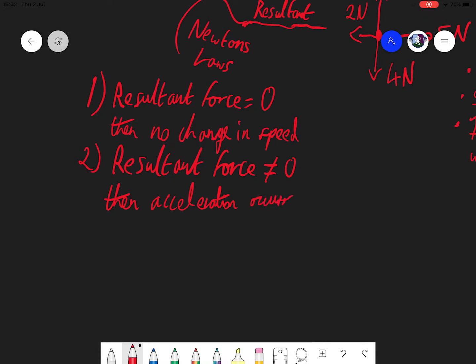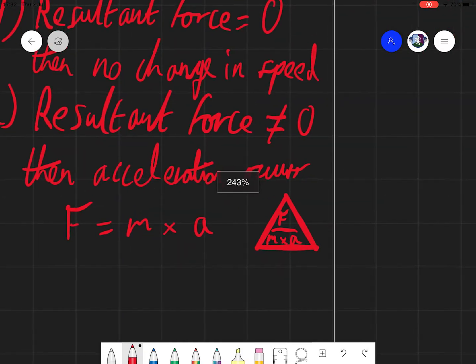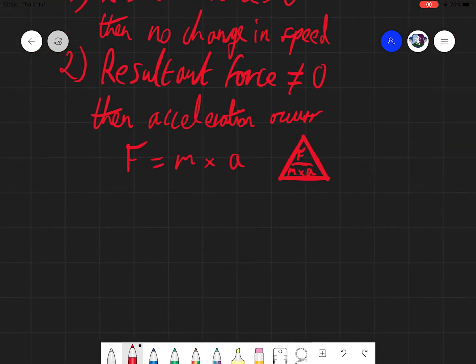It's the same thing, just positive or negative directions. So changing speed or the word acceleration are perfectly fine. An acceleration occurs. Now this is tied to the equation F equals m times a. So force is equal to the mass times the acceleration.